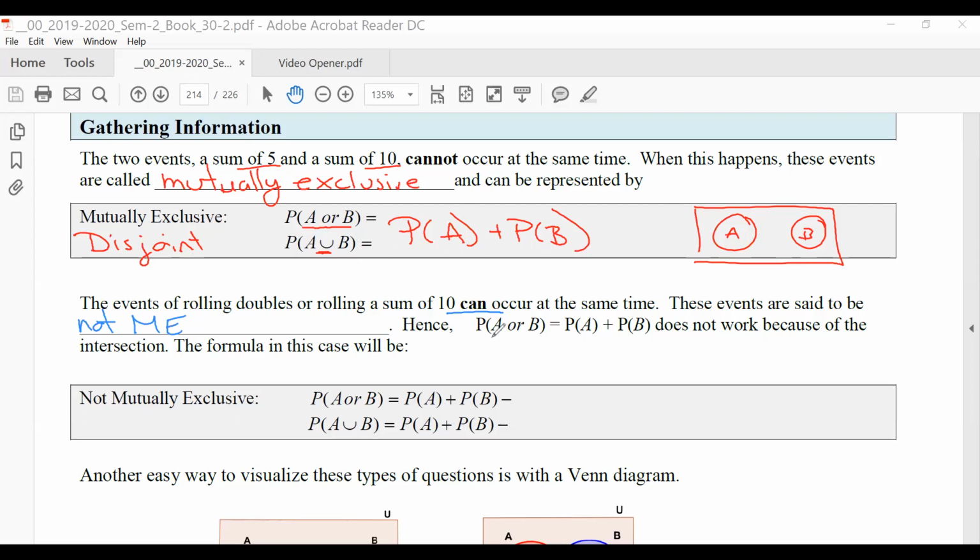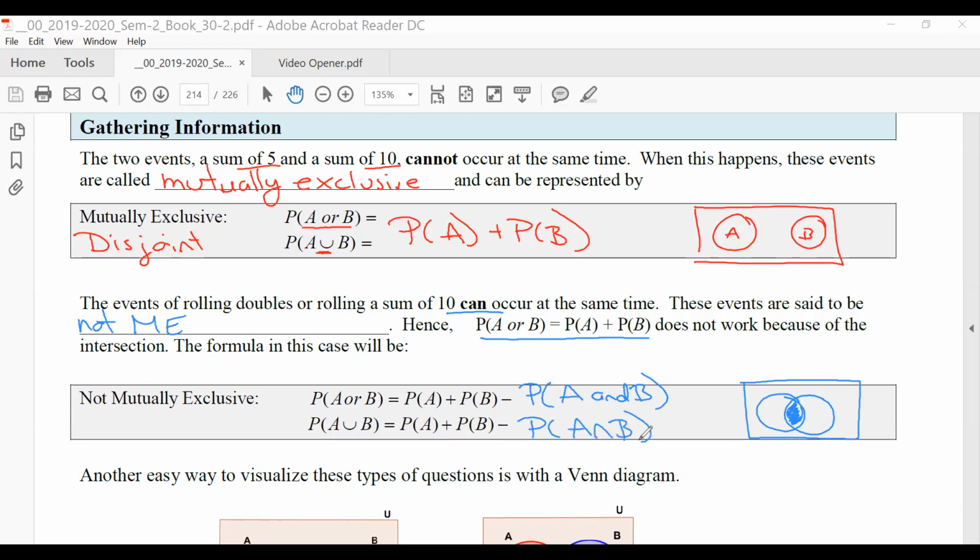So in this case, we can't add these together because there's an intersection. So what we're going to do, if I draw my little tiny Venn diagram here, my problem is if I just added them together, I'd be counting this area right there twice. Well, what is that area? P of A and B. So I'm going to subtract it out. Or if I use my symbol, there it is.